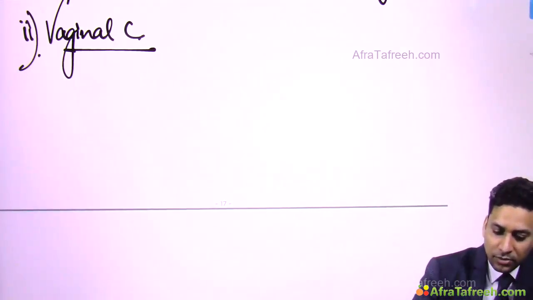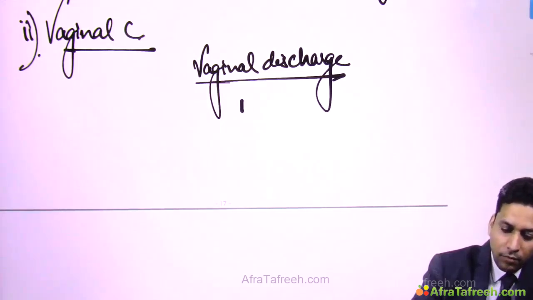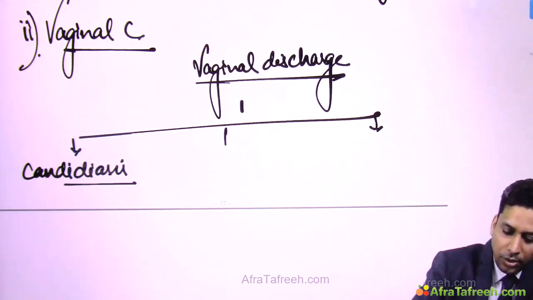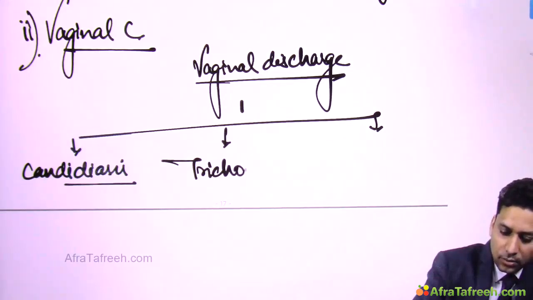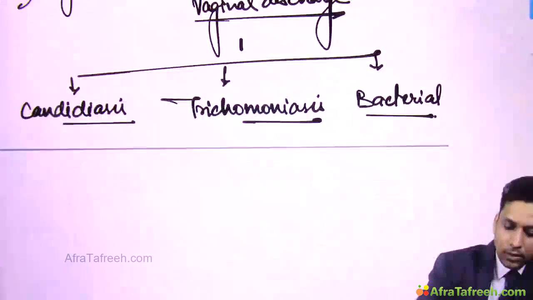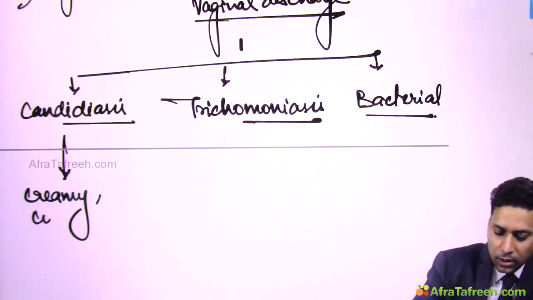So whenever a patient comes with vaginal discharge, one of the reasons can be candidiasis, it can be due to trichomoniasis, or it can be due to bacterial vaginosis. Candidiasis presents with creamy, curdy discharge.